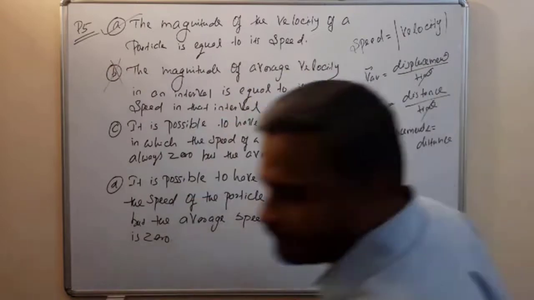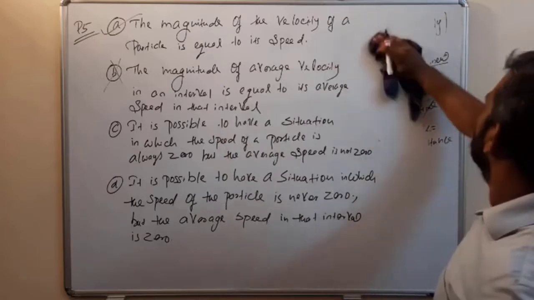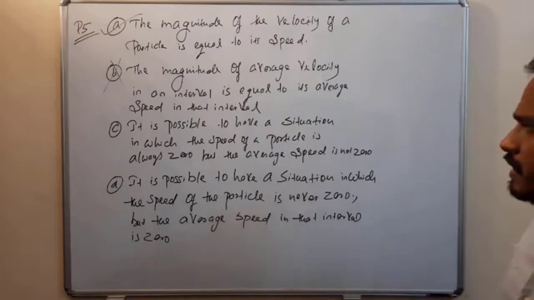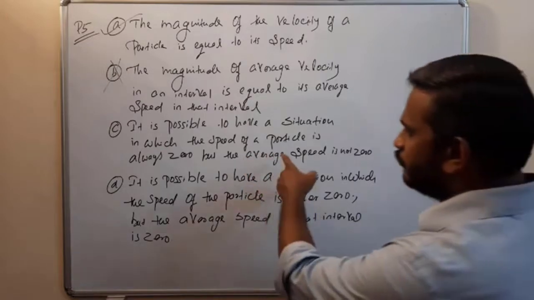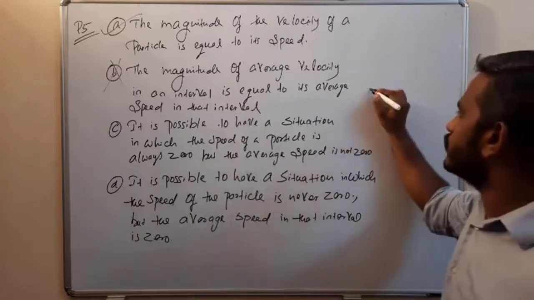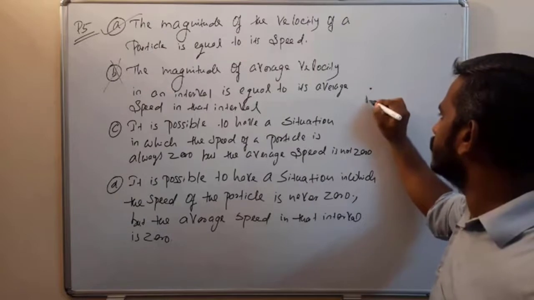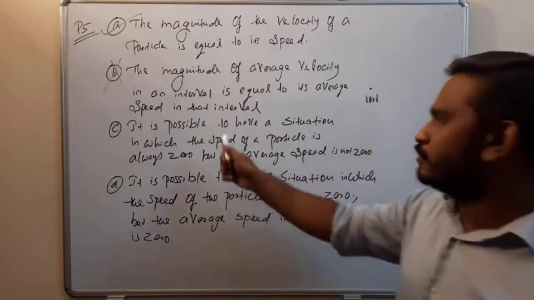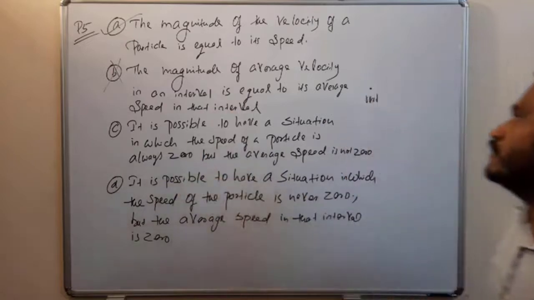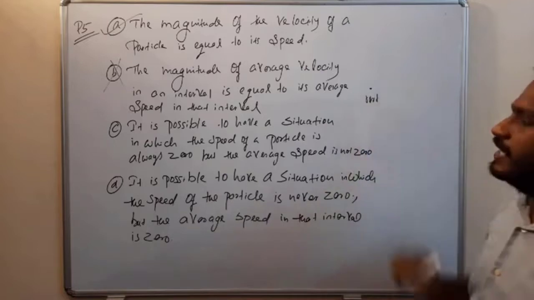Then the third one: it is possible to have a situation in which the speed of a particle is always zero. Speed of a particle always zero means the object is at rest.